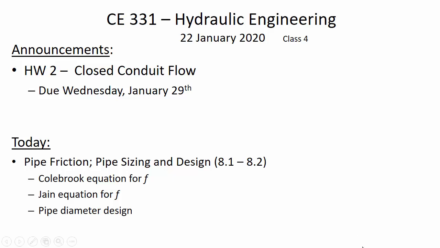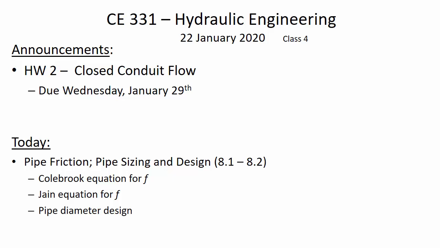Today what we're going to talk about is some empirical methods that have been developed to calculate the effective pipe friction. Chapter 7 was the theory of resistance when water is flowing through a pipe, talking about the shear stress, which is the cause of pipe friction. We can't apply that perfect theory to actual engineering practice. It's very uncommon that we would have a direct knowledge of the shear stress.